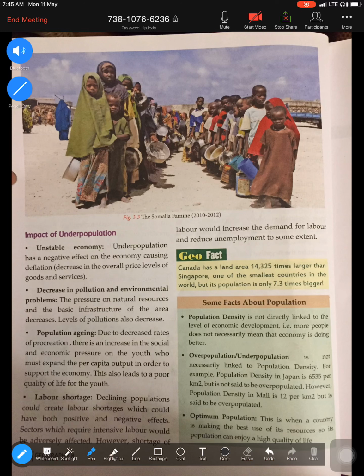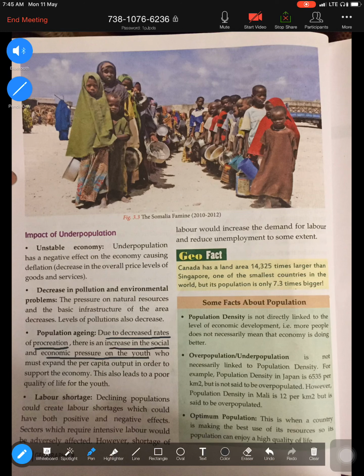Third, an aging population. This is one of the main concerns of countries which are underpopulated because of the decreased rates of procreation, meaning reproduction. Because there are fewer births taking place, there is an increase in the social and economic pressure on the youth.